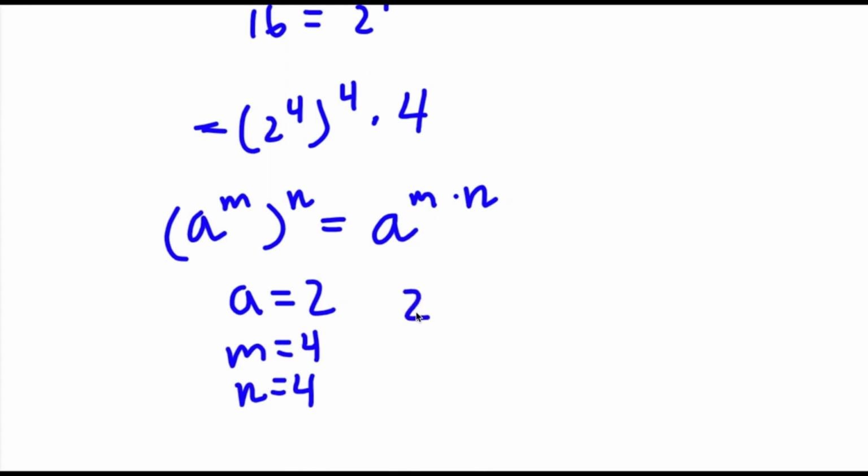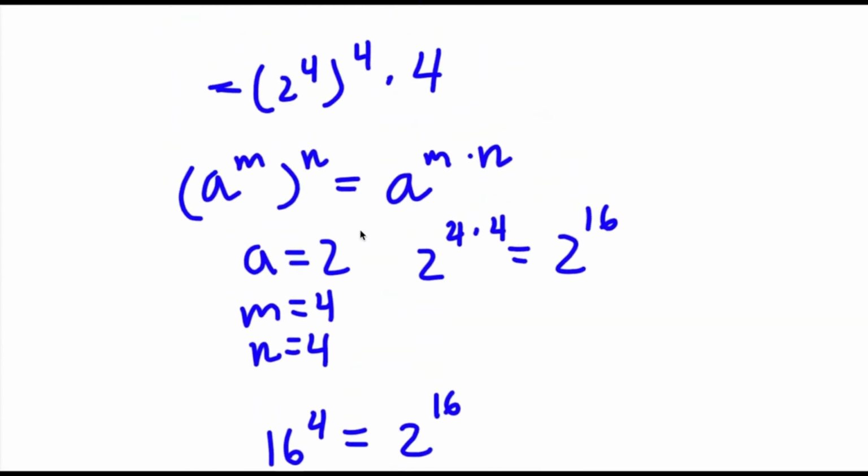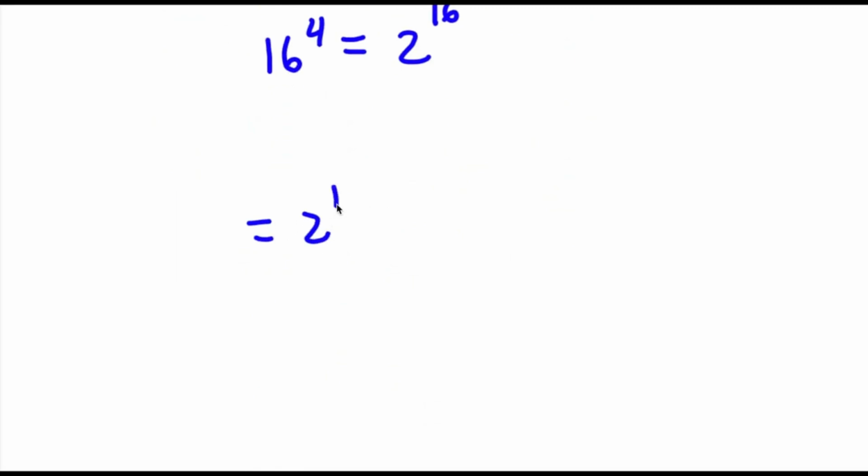So in this case, 2 to the power of m, 4, times n, 4. Now 4 times 4 is 16, so now I have 2 to the power of 16. Meaning, 16 to the power of 4 is the same thing as 2 to the power of 16. So now, I have 2 to the power of 16 times 4.